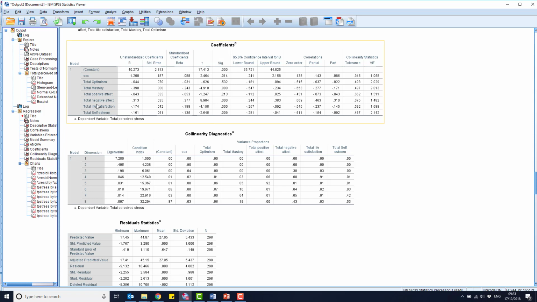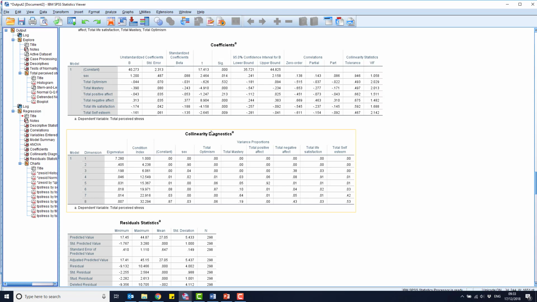Well, there's something perhaps about knowing people's negative effect and their mastery and life satisfaction that will be useful to understand, in particular, perceived stress. But if we were thinking about the context, we were interested in optimism and mastery in particular. Well, there doesn't appear to be a relationship between optimism and our outcome variable, but there is between mastery.